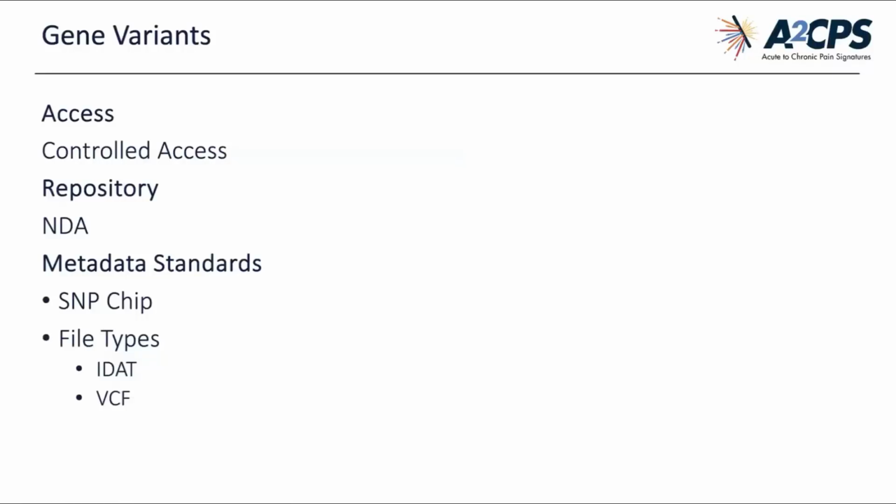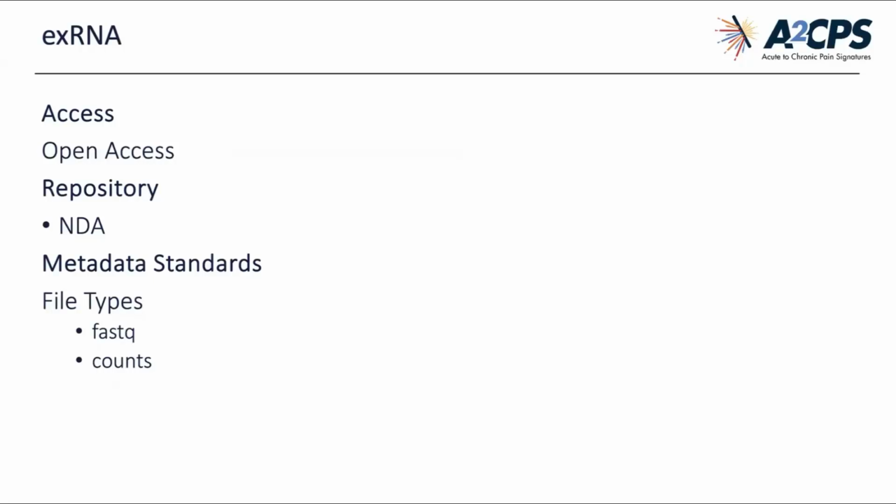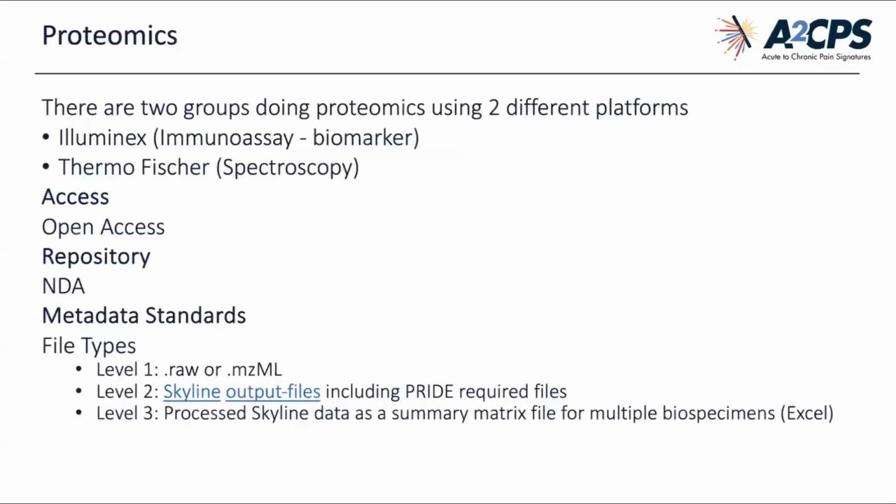For gene variants, those are controlled access. They're basically a SNP chip, and so the file types are IDAT and VCF. For RNA, those are open access, and if you're familiar with RNA, you have FASTQ files and counts. For proteomics, we actually have two groups that are doing proteomics.